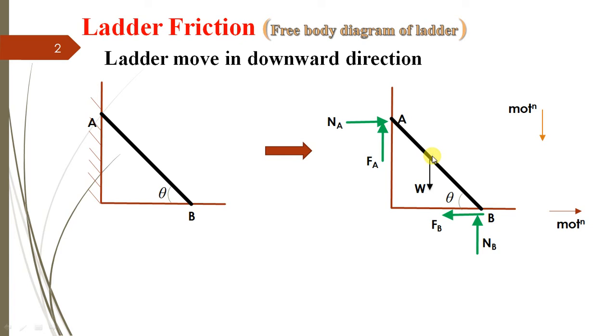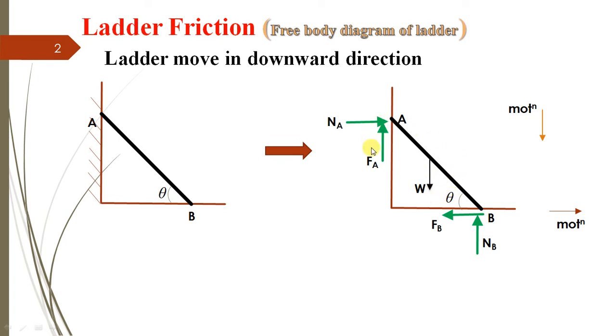A to C distance is L by 2 and B to C distance is L by 2, as the total length of the ladder is L and the weight passes through the centroid, at a distance of L by 2.